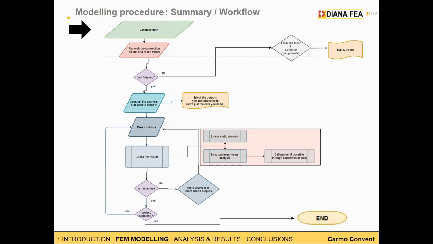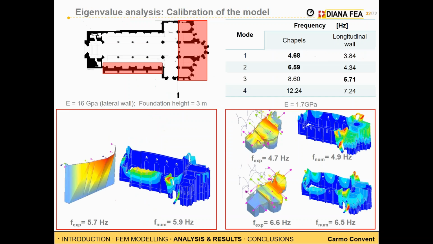It's very interesting to understand better what calibration is. Calibrating the model means that we make the model behave realistically, like the real structure. So in this phase, we perform several eigenvalue analyses, changing the parameters in order to achieve the frequencies and the mode shapes we obtained from the dynamic identification test.